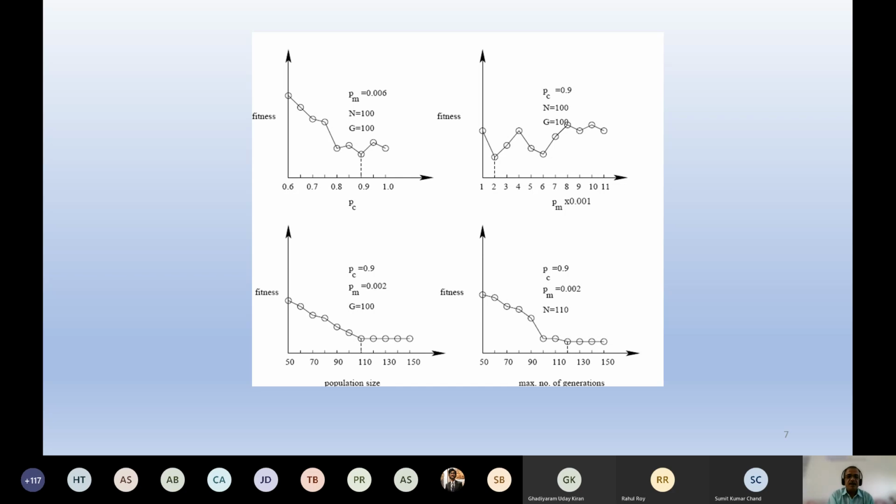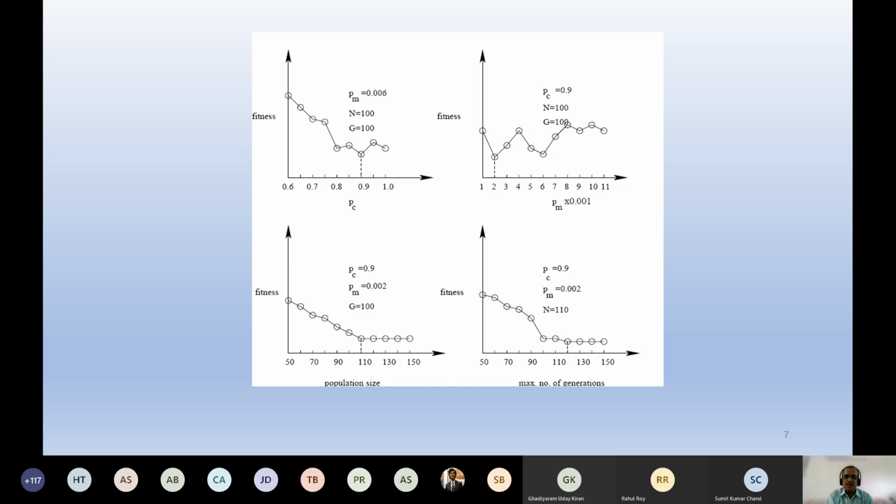So this is nothing but the optimal value for the population. Once you have this, we keep PC equals 0.9, PM equals 0.002, and the population size equal to 110, corresponding to which we got the minimum solution. That is kept fixed, and Gmax I'm going to vary.